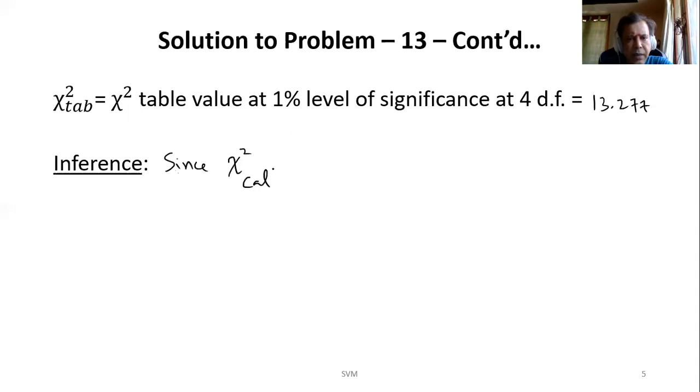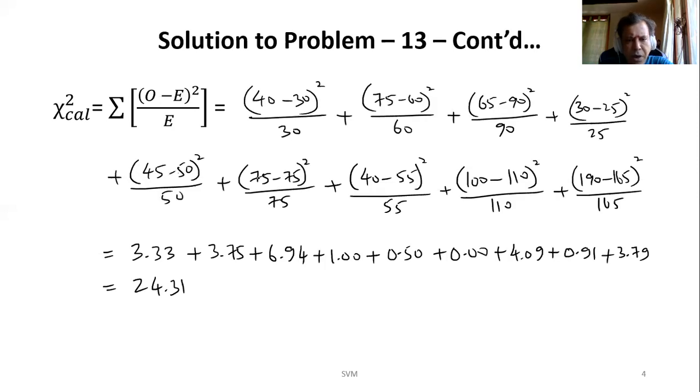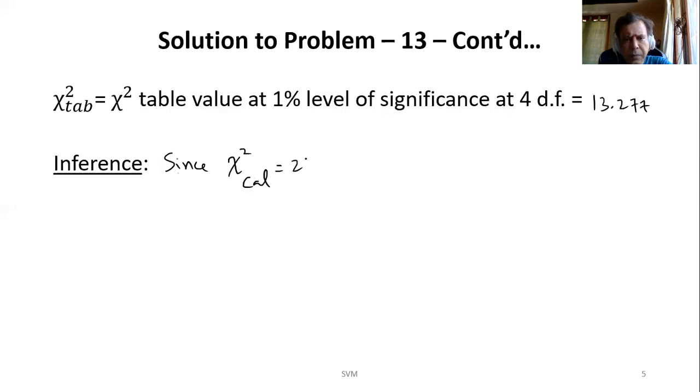So now we can conclude or come to an inference, since chi-square cal, which is 24.31, is greater than chi-square tab, which is 13.277.